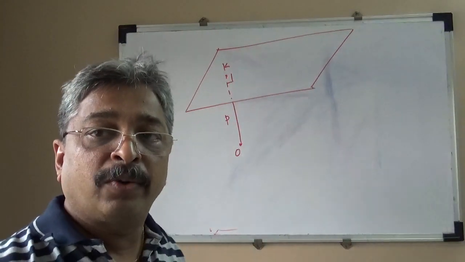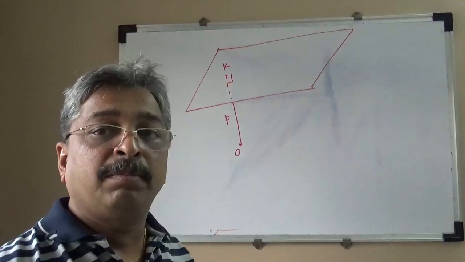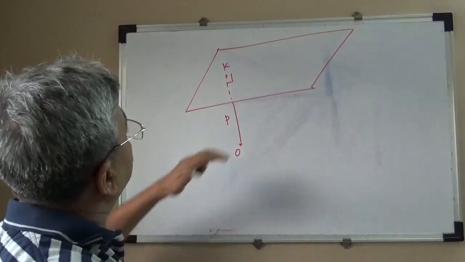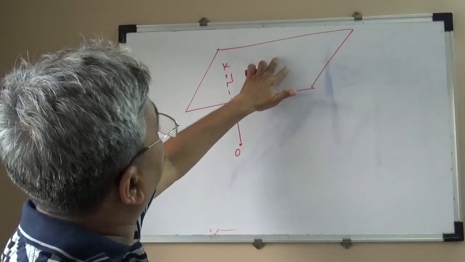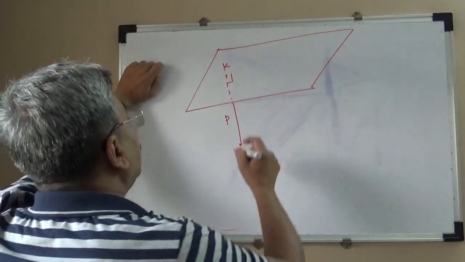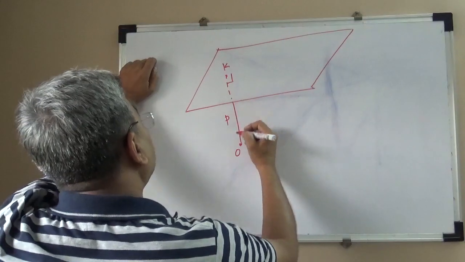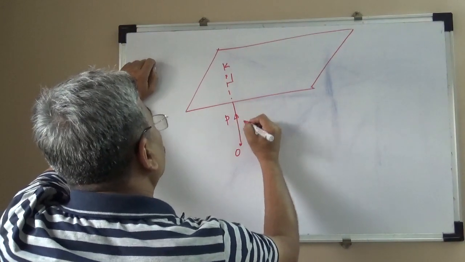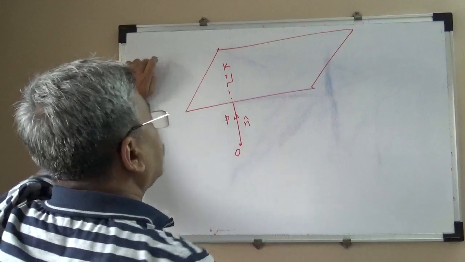We need to find all the points in the plane such that they are part of that plane, and the plane is P distance away from the origin, and we have been given this normal vector also, unit vector n is also given.